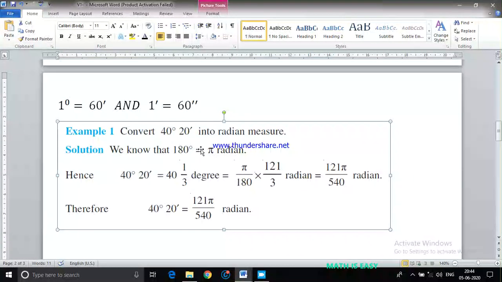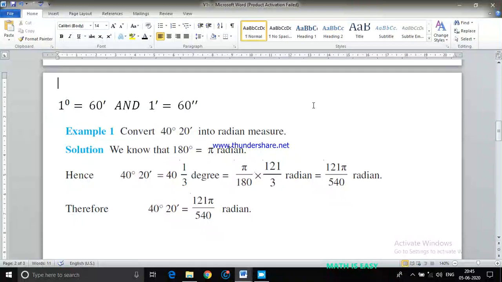So what you have to do is, I have a relation between degrees and radians. We don't have any relation between minutes or seconds with radians. So first, minutes and seconds both will be converted. Seconds will be converted into minutes. Minutes will be converted into degrees. Then degrees will be converted into radians. So first this 20 minutes I have to convert into degrees. How do I convert? Here you have the relation: 1 degree is 60 minutes. Okay.